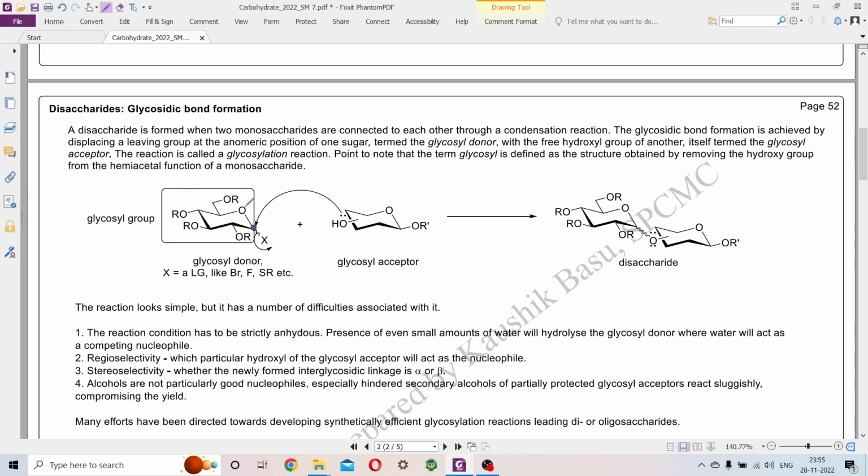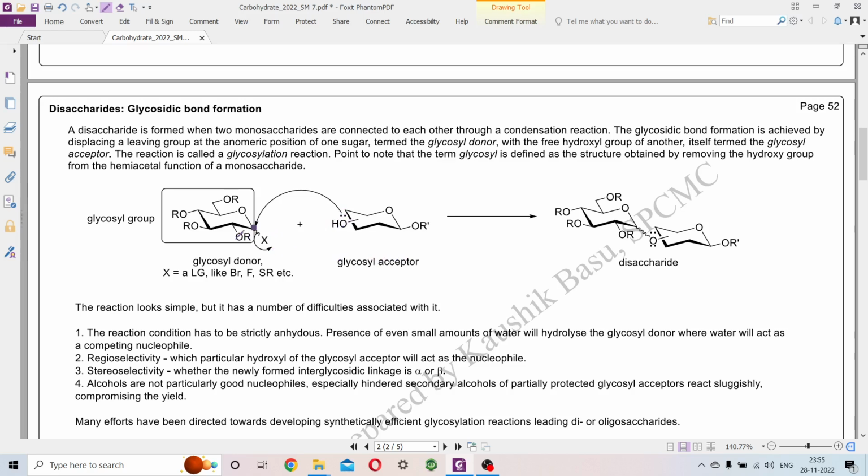So this monosaccharide in this condensation reaction offers the glycosyl group, therefore it is known as the glycosyl donor, and the molecule which accepts the glycosyl group through one of its free hydroxyls is known as the glycosyl acceptor.